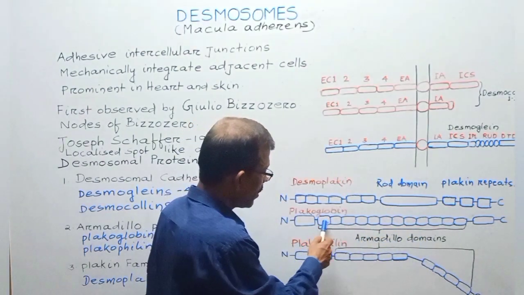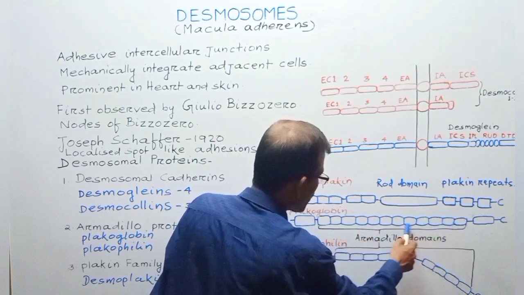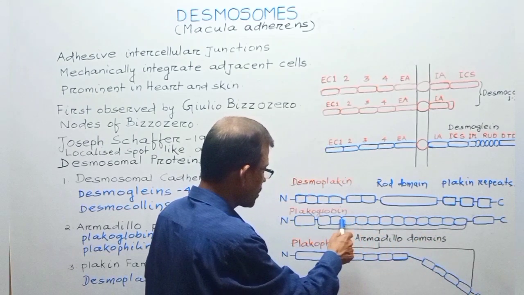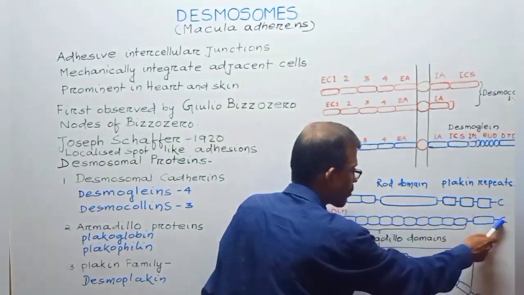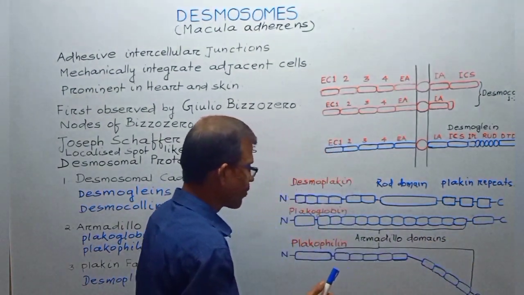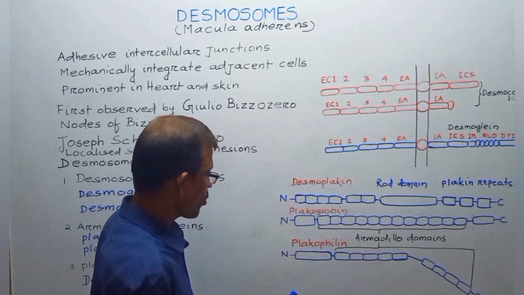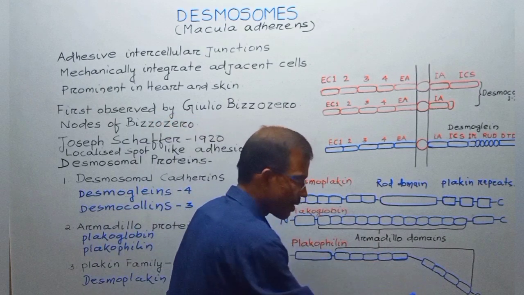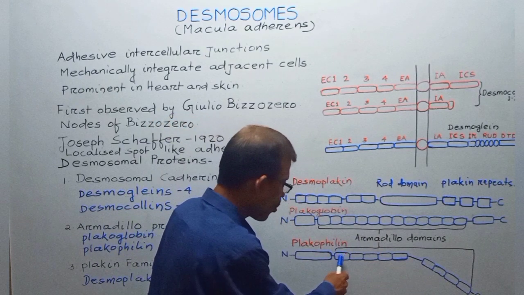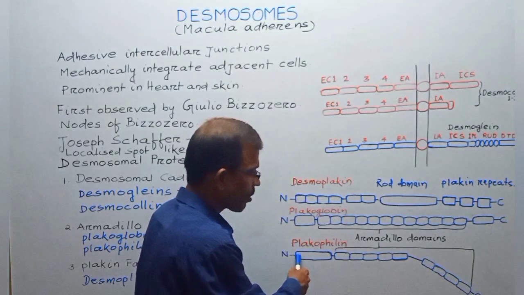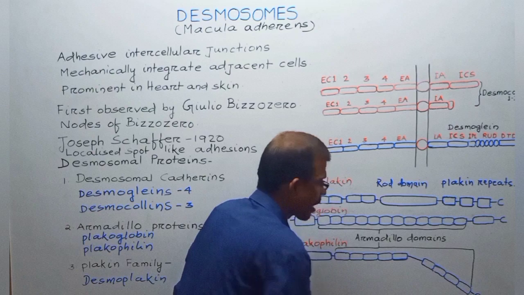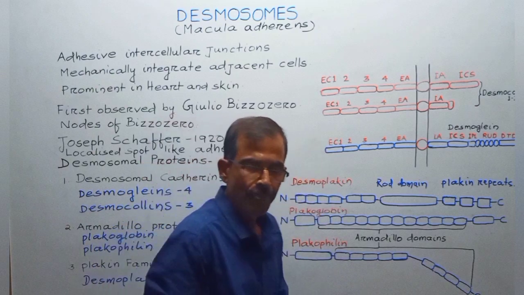Plakoglobin has 12 armadillo repeat domains which are flanked by an amino terminal and a carboxyl terminal domain. Another armadillo protein is plakophilin, which has only 9 arm repeats in between the amino terminal domain and the carboxyl terminal domain.